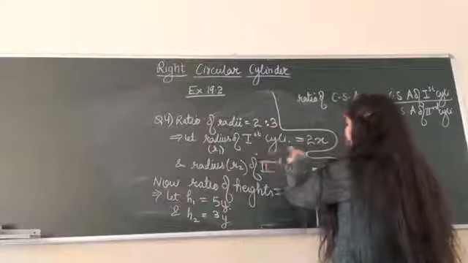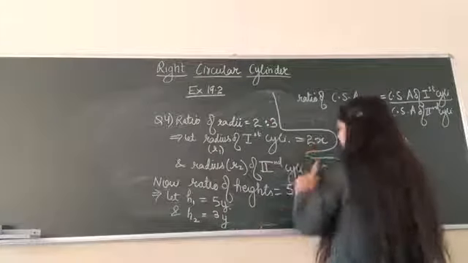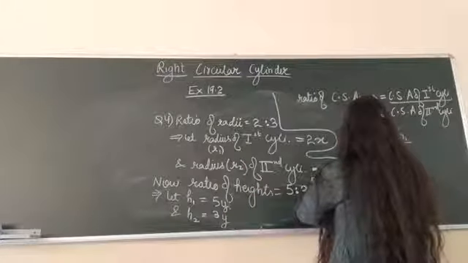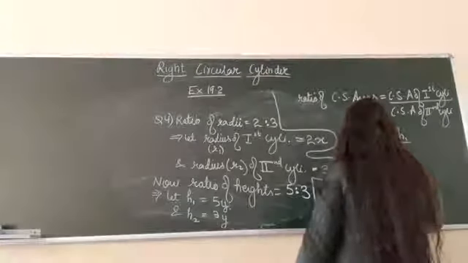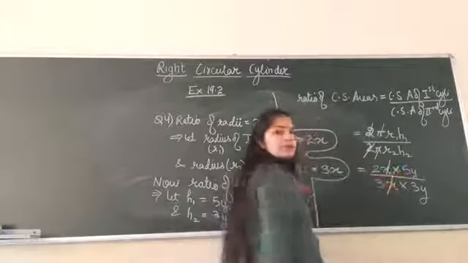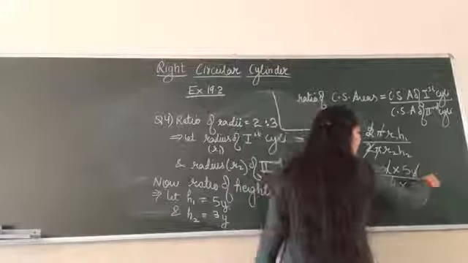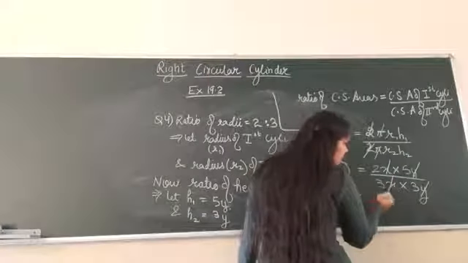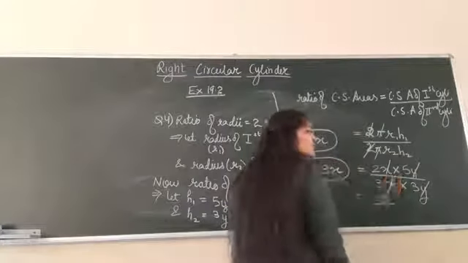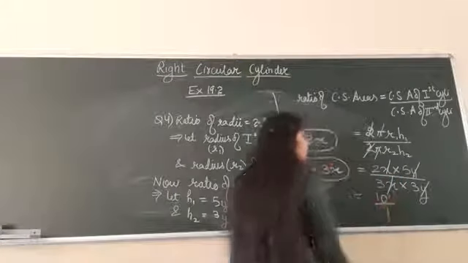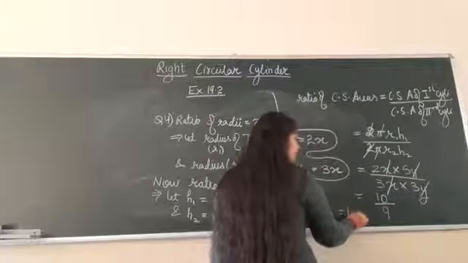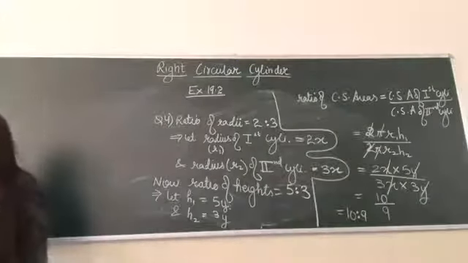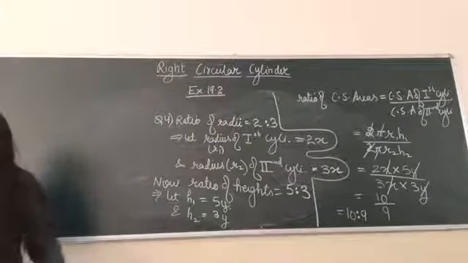So R1 is 2x, H1 is 5y, over R2 is 3x, and H2 is 3y. Now x and x will cancel out, y and y will cancel out. 2 into 5, sorry, can we cancel anything? No. 2 into 5 is 10 and 3 into 3 is 9. So what is the ratio? 10 ratio 9. Therefore the ratio of curved surface areas of the two cylinders is 10 ratio 9.